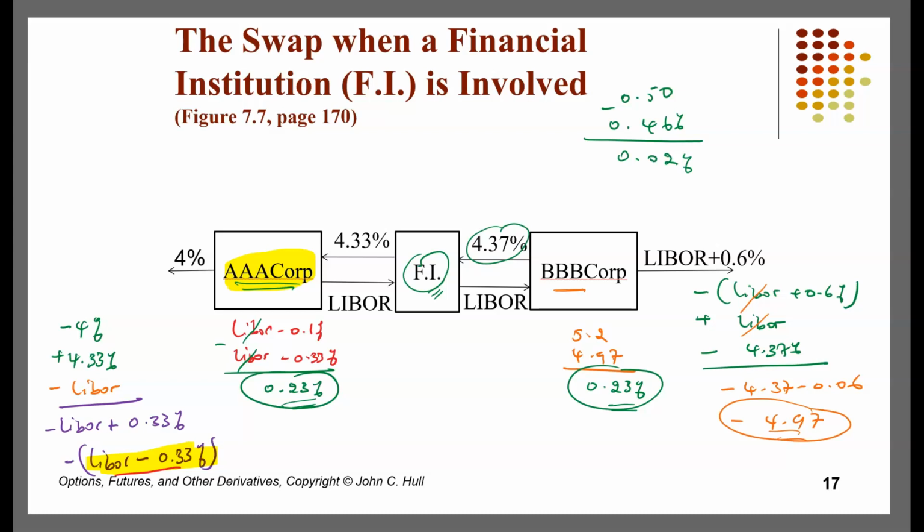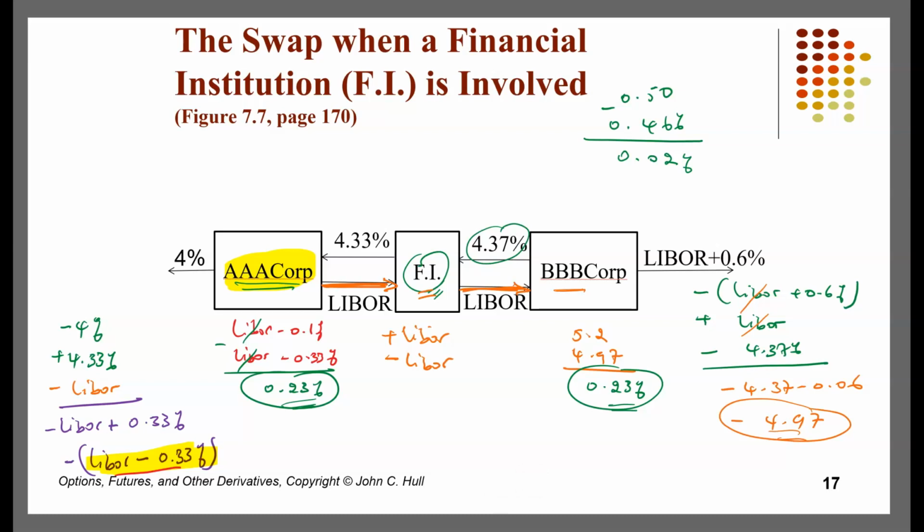Well, let's look at the financial institution. The financial institution is going to get LIBOR from AAA. That's that transaction here. It's going to pay LIBOR to BBB. That's that transaction there.